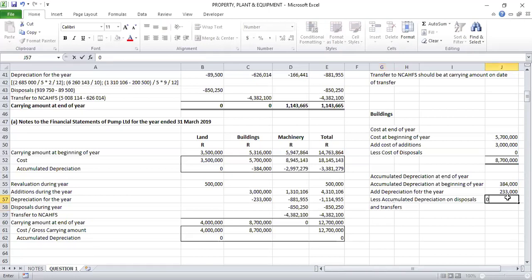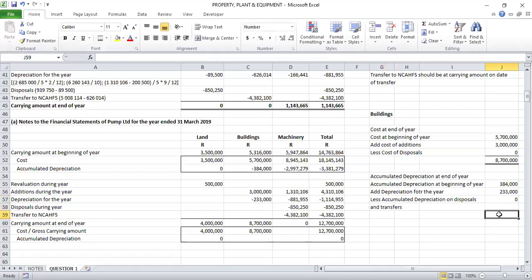There was no disposal or transfer on the buildings. So we get that, that's our accumulated depreciation. So we take that accumulated depreciation. Right, any questions there?